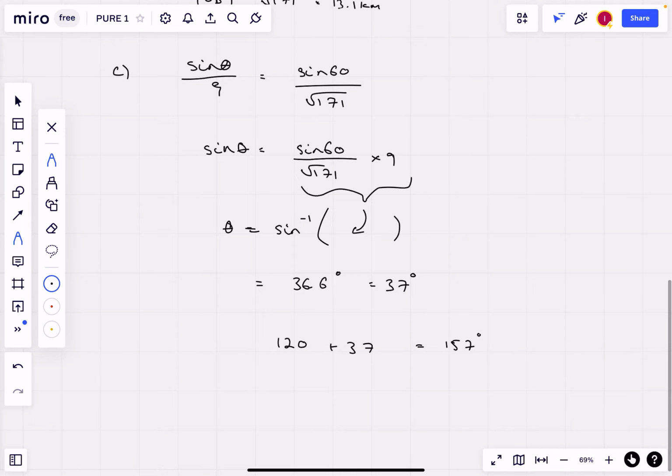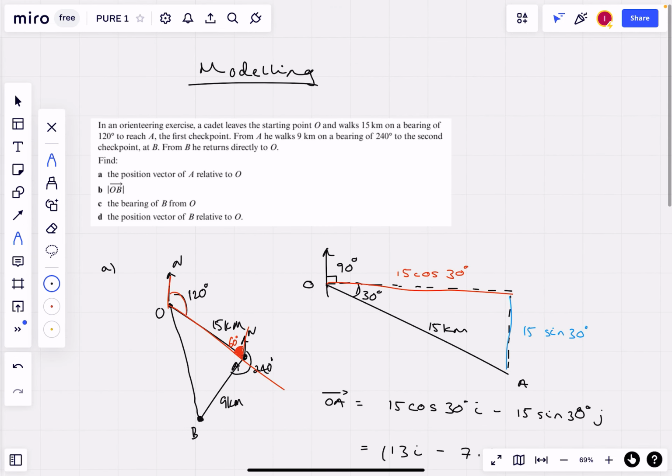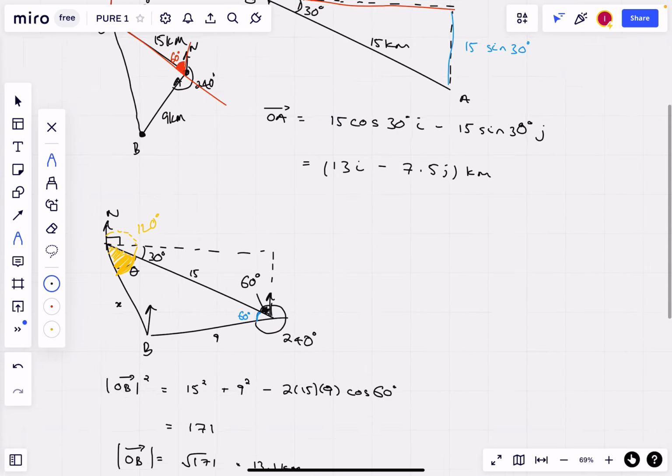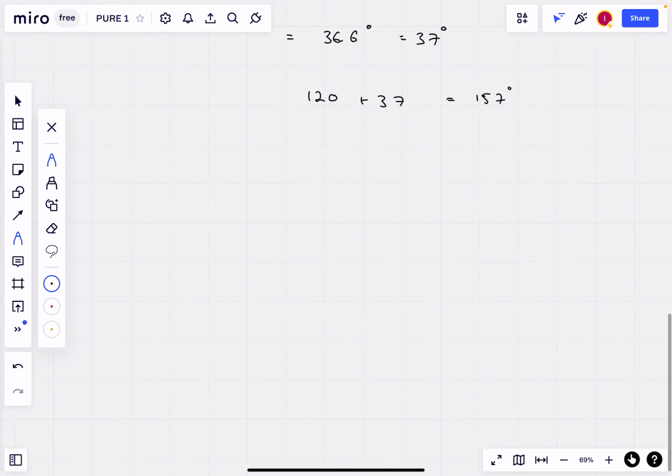Okay. Part D. The position vector of B relative to O. Let's draw a right angle triangle.